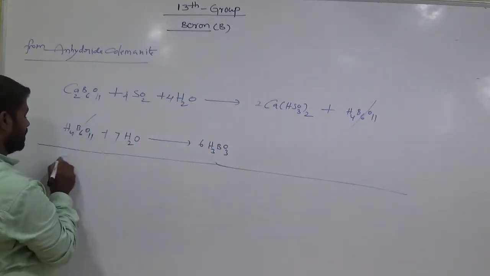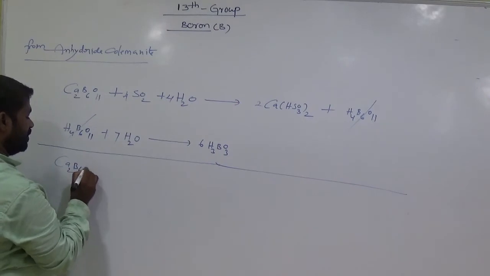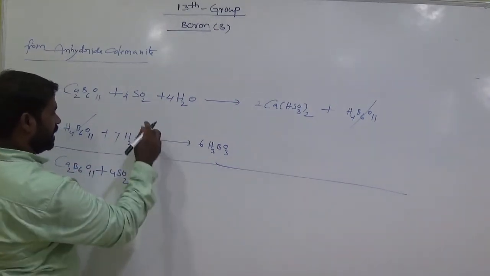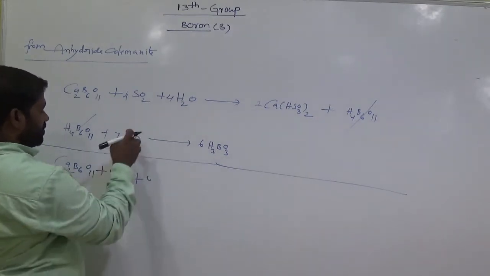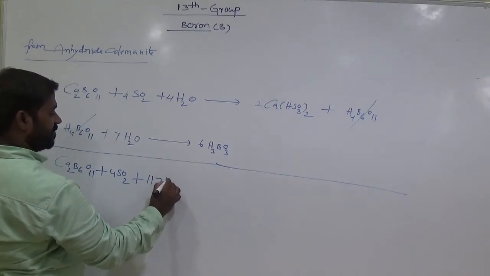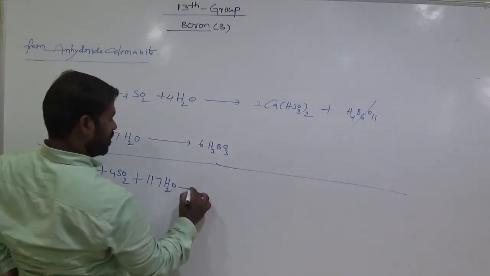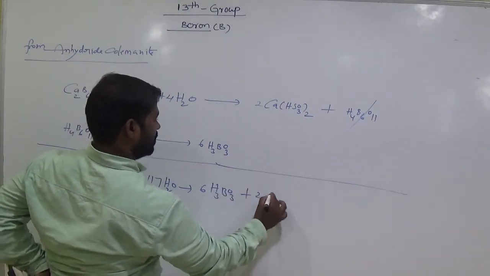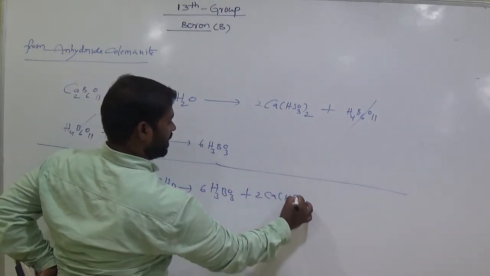And what about the remaining Ca2B6O11, 4 moles of H2O and 4 moles of SO2? 7 plus 4, how much? 11, that is 11 moles of H2O, and what we get finally? 6 moles of H3BO3 and 2 moles of calcium bisulfite.